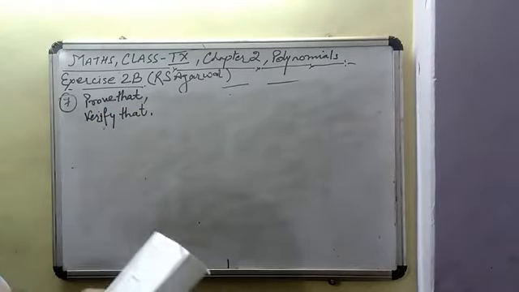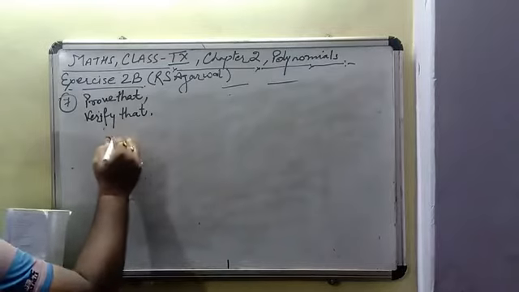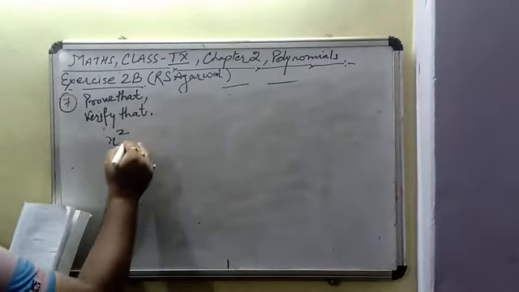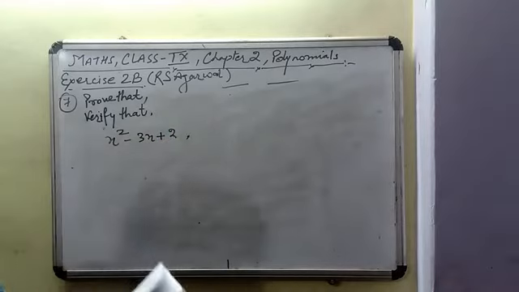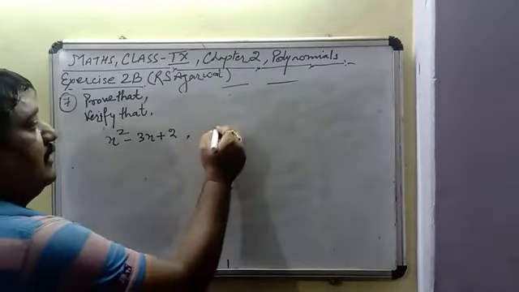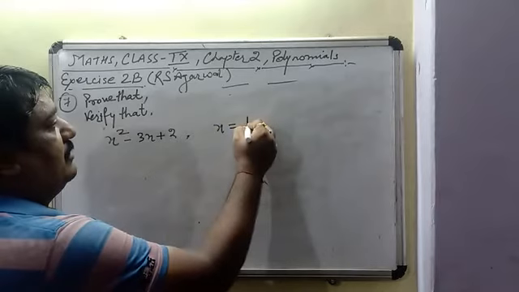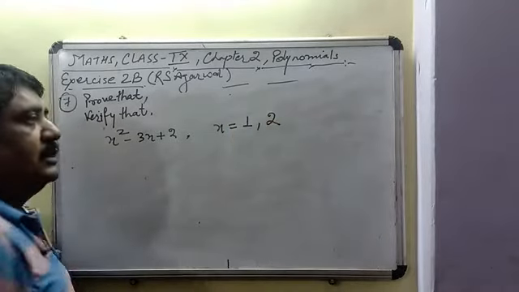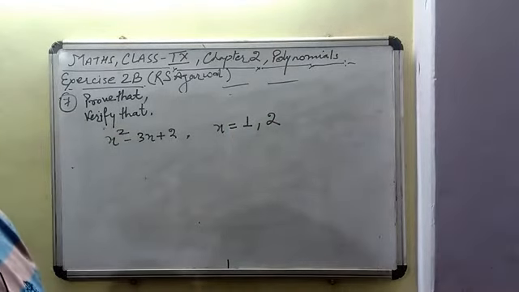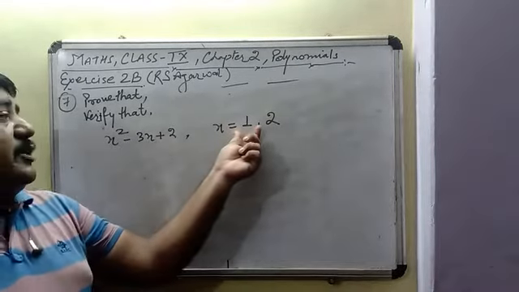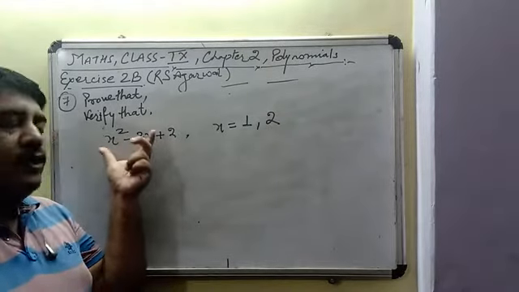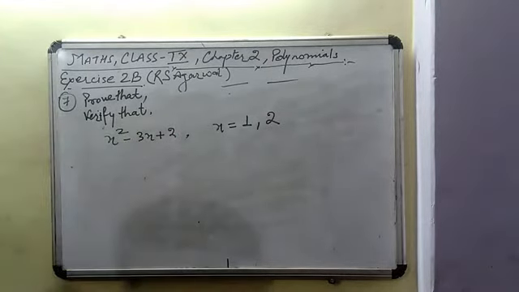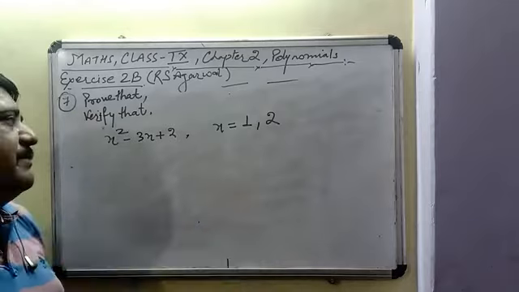The first point is saying that there is a polynomial x square minus 3x plus 2, and we have to verify that x equals 1 and 2, these two are the zeros of the given polynomial. If we put x equals 1 and x equals 2 in this polynomial, the whole polynomial becomes 0. That means these two are the zeros of the given polynomial.